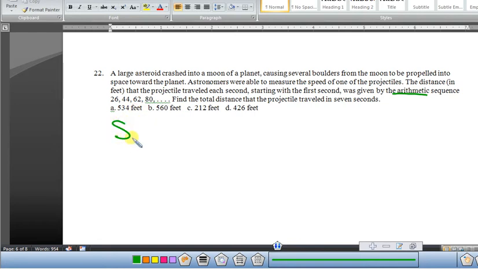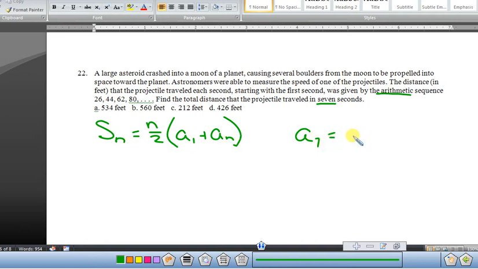So the sum formula for the nth term of an arithmetic is the same one we used previously. We have to know the first term and we have to know the last term. In this particular sequence, we don't know the last term, and we need to find that. So before we can really find the total sum, we've got to find the 7th term.